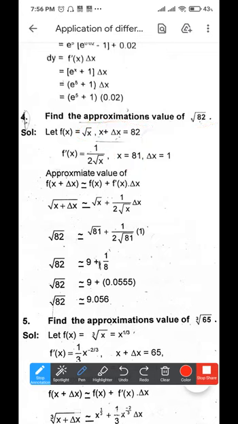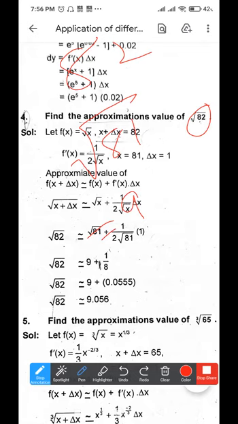From this, how can we assume this? This is root 82, and the nearest perfect square is 81 because 9 nines are 81. So what is the difference between these two? The difference is 1, right? 82 minus 81 is 1.